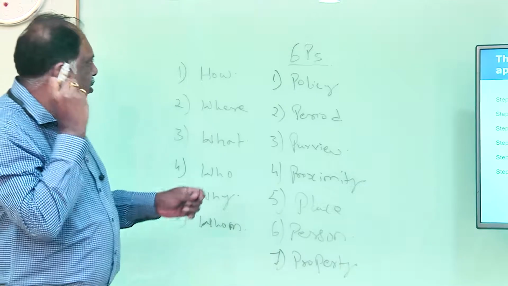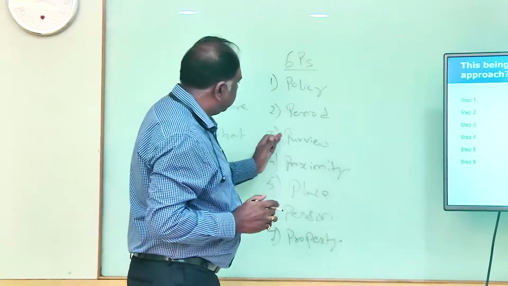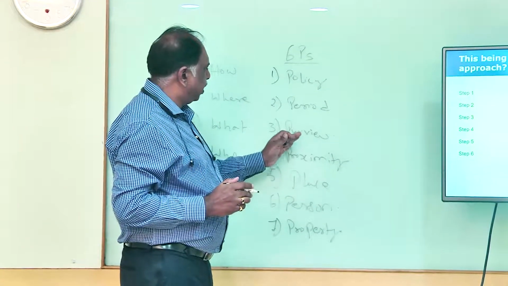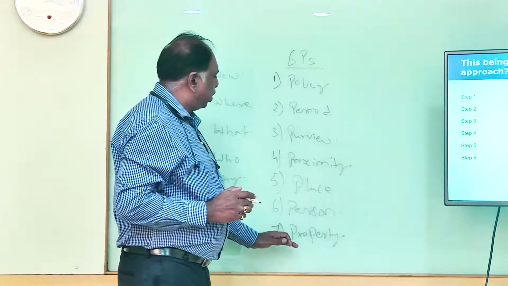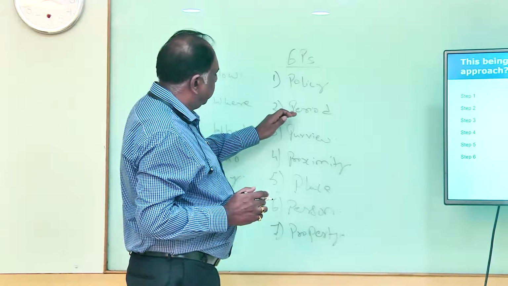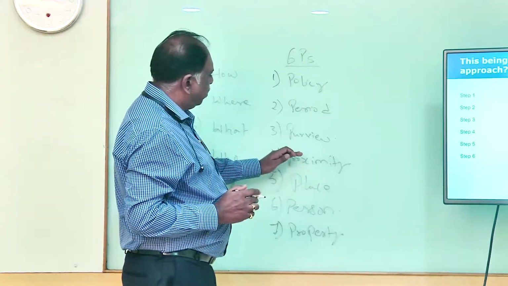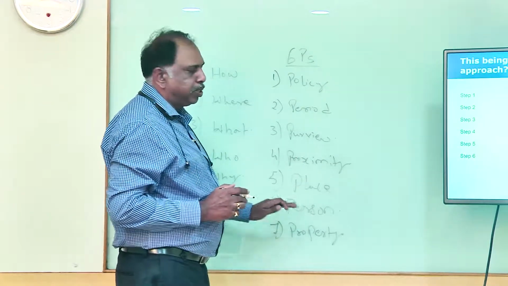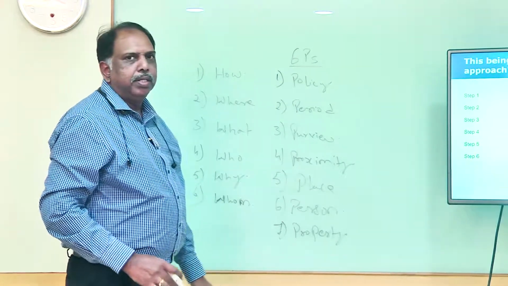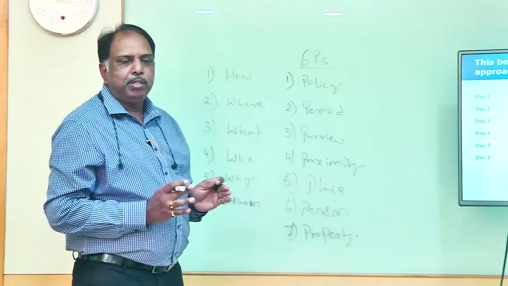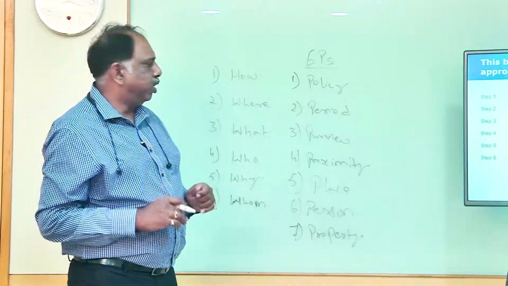Okay. Now we say it is 6 P's. Just remove this purview. I just by chance mentioned purview. Instead of purview, it will be property. So policy, period, property, proximity, place, and person. If these are checked properly, then automatically you will get clarity on the entire investigation.